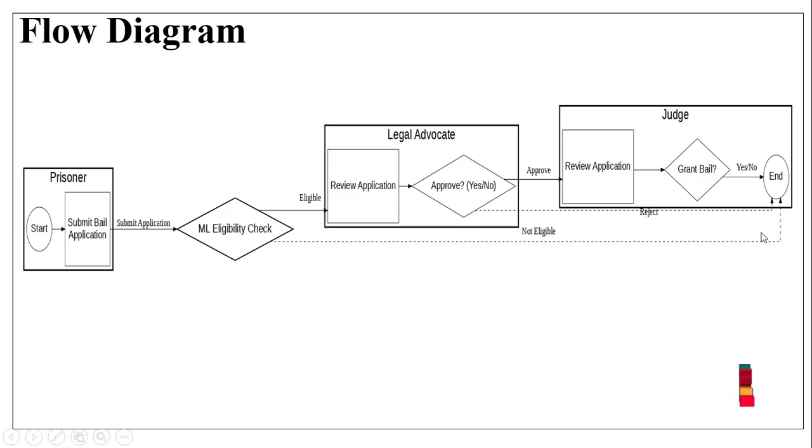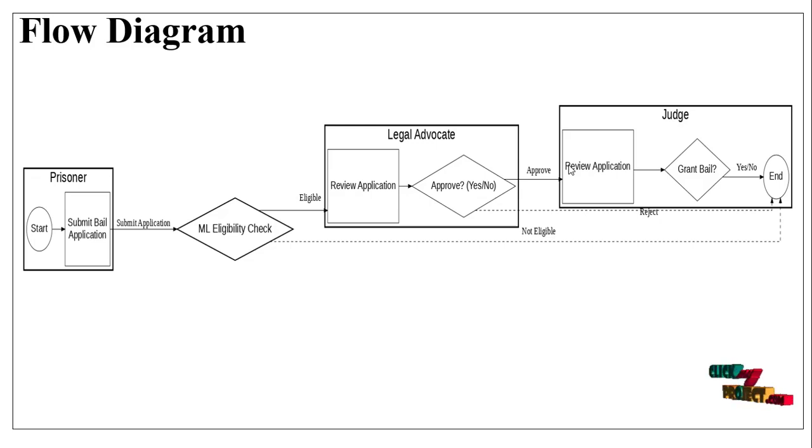The final module is the judge module. Here also we have register as well as login options. Once the application is forwarded from the legal advocate, he will see the application status as well as the case history.